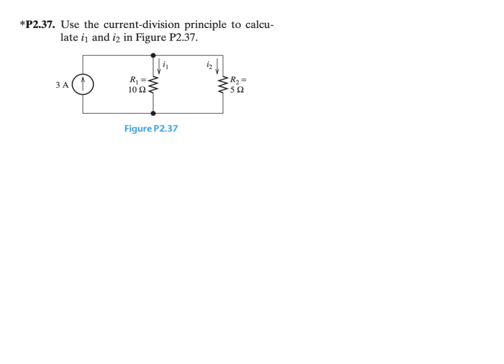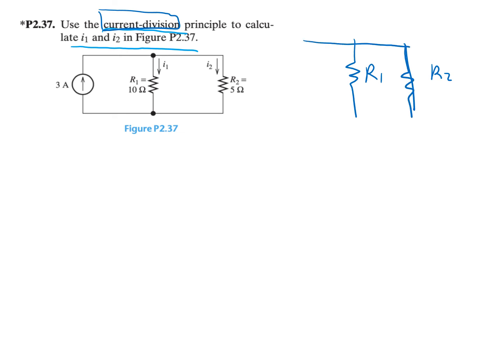Now, question P2.37. Use the current division principle to calculate I1, I2 in figure P2.37. For this question, let's recall the formula for current division. For example, if this is R1, this is R2, they are connected in parallel, and we have the total current I flowing through these two branches.